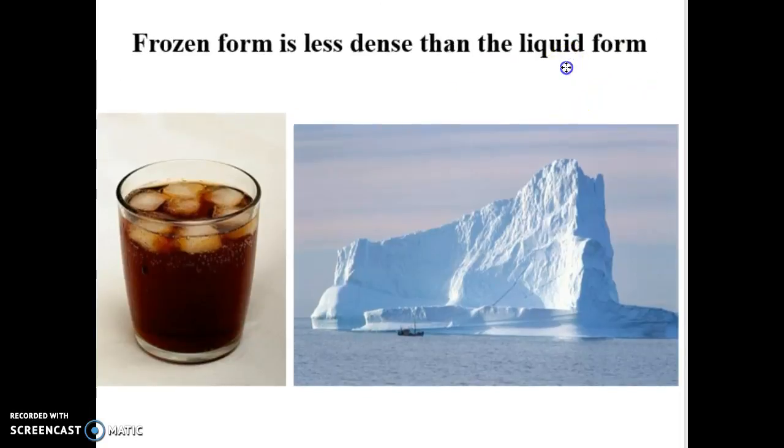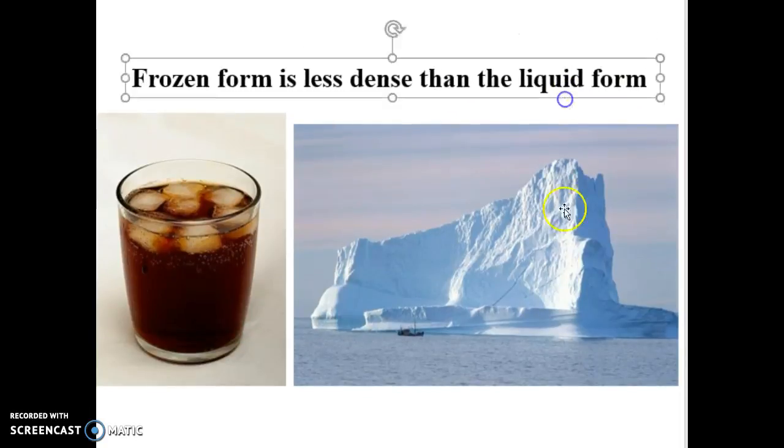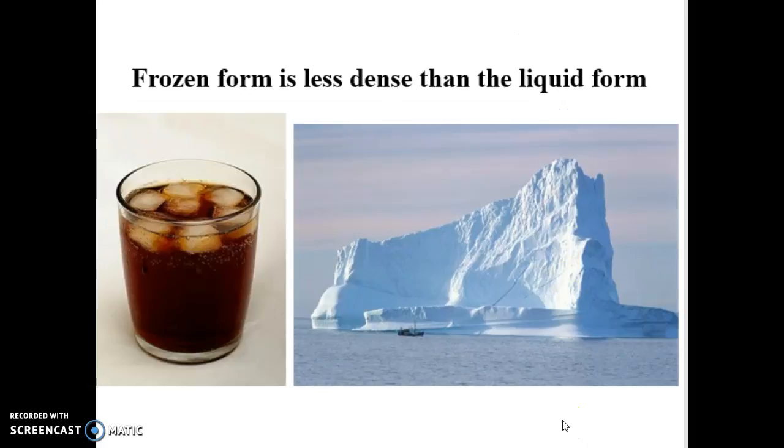But that's essential. That is absolutely essential, that ice floats. Life has evolved to this. So whether it's ice cubes in your drink, or a polar ice cap, or an iceberg, this floats. This allows the water in the frozen form to sit above liquid water or on the surface.